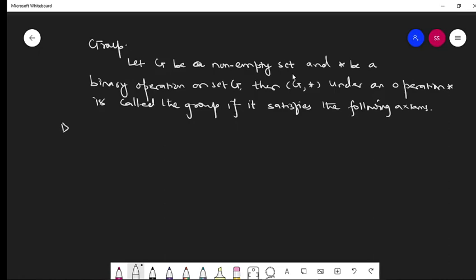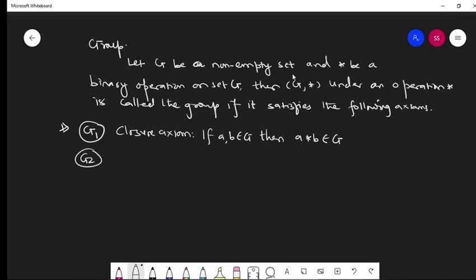Firstly, to be a group, let's define G1. This is the closure axiom. If A, B belong to G, then A asterisk B belongs to G. And G2, that is the associative axiom.